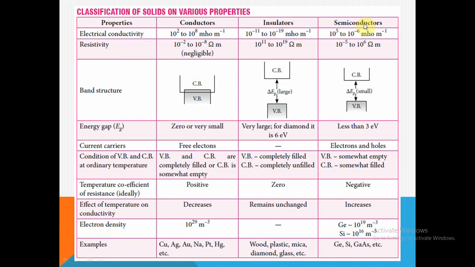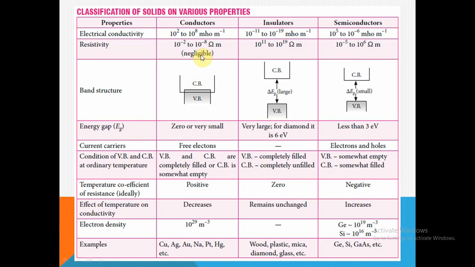For semiconductor, the energy gap is very small. The energy gap is either zero or very small. For insulator, it is greater than 3 electron volt. For diamond, it is 6 electron volt, which is very large. And for semiconductor, it is less than 3 electron volt.